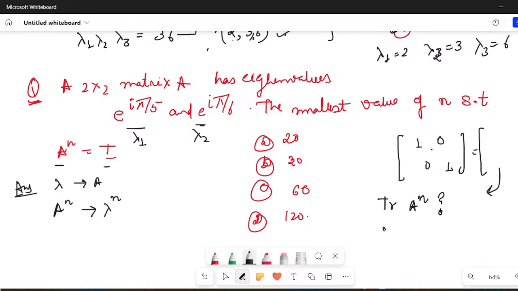And it should be equal to the trace of identity, which is 2.